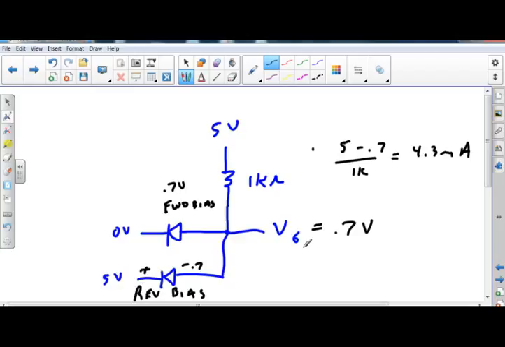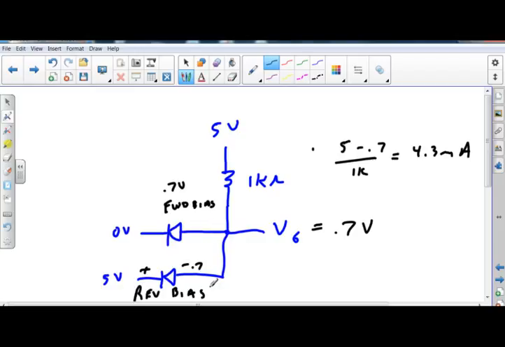All right, so what you've got then is it starts at 5, it goes through that resistor, it hits that diode, it's coming out on the left at 0 volts. Right. So it's 0 volts here. 0.7 drop means it had to be 0.7 on this side. Exactly. And then the other guy's reverse biased.